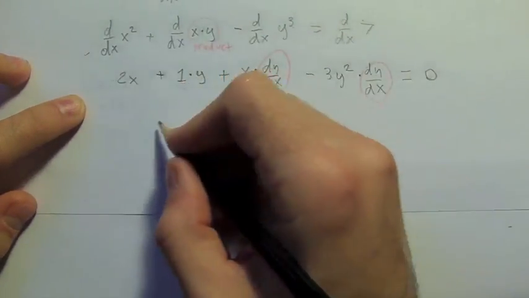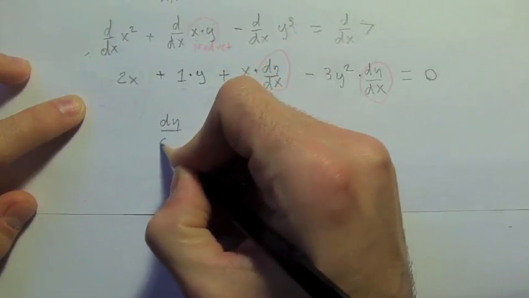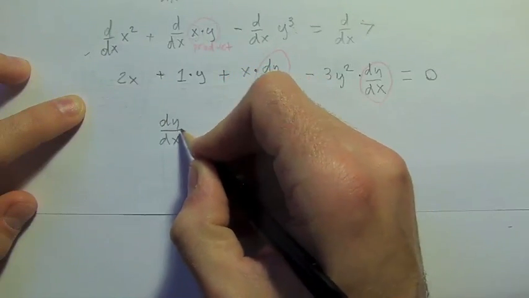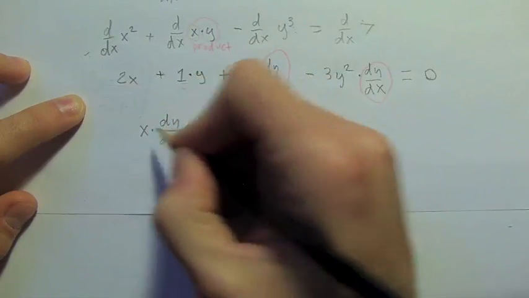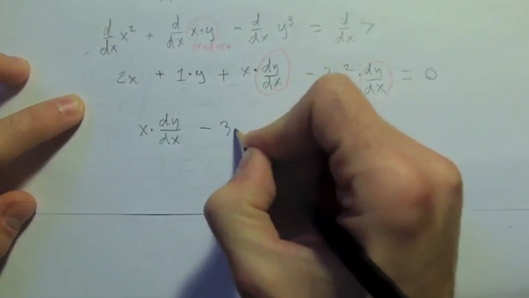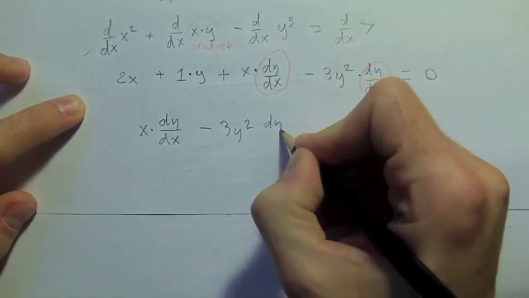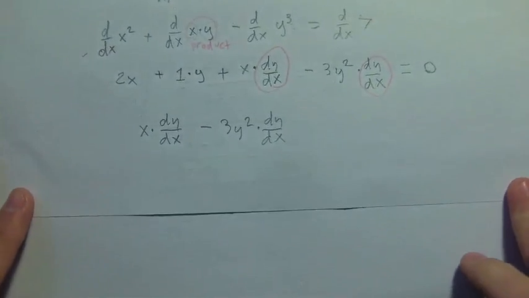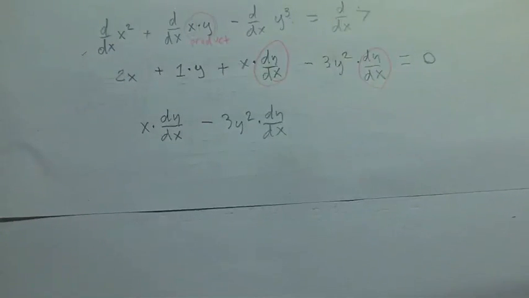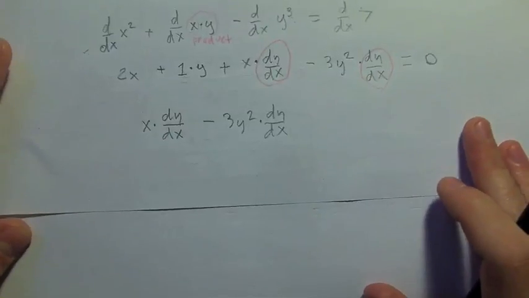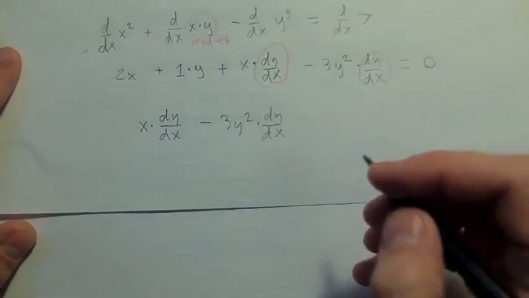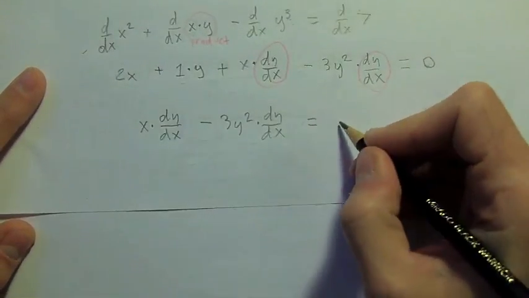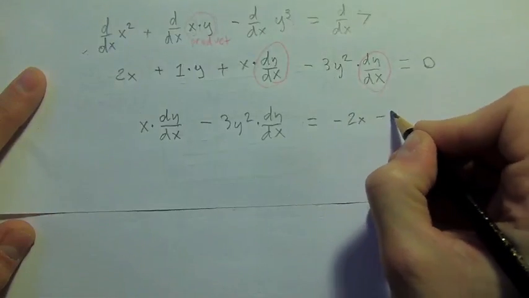So this will be dy over dx times x minus 3y squared dy over dx. Often I factor during this step as well, since I know the next thing I'll have to do is factor. But in this case, I'll go ahead and write out each step individually. And this is going to be equal to negative 2x minus y.